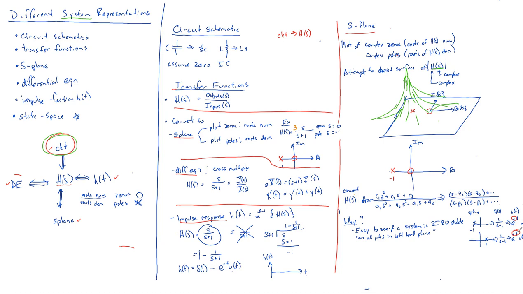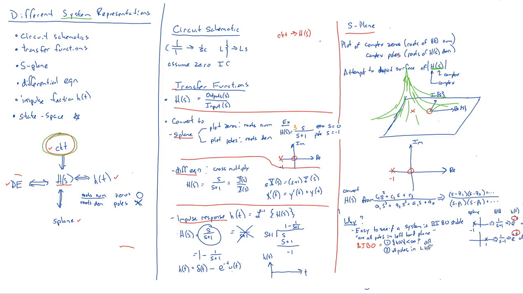So here's another way of finding if a system is BIBO stable: the integral of its impulse response. So BIBO, therefore, equals either of these two things. One, is the integral of the absolute value of h of t finite, or are all the poles in the left half plane?